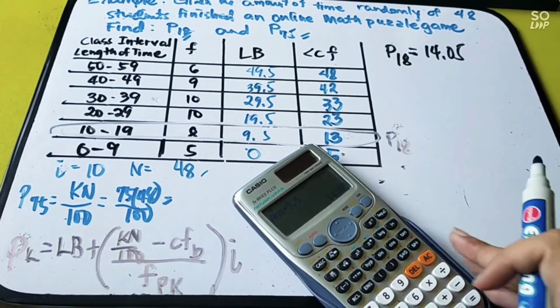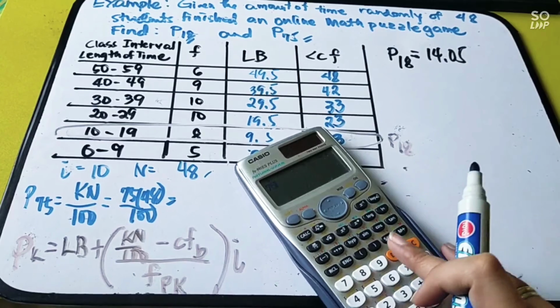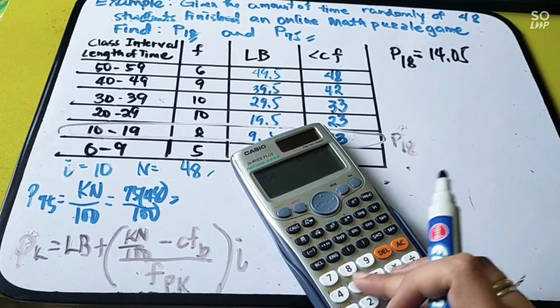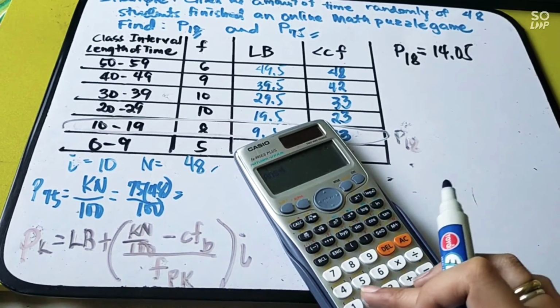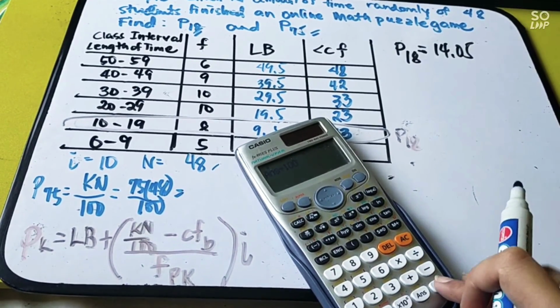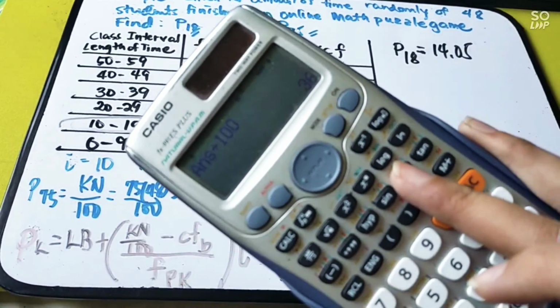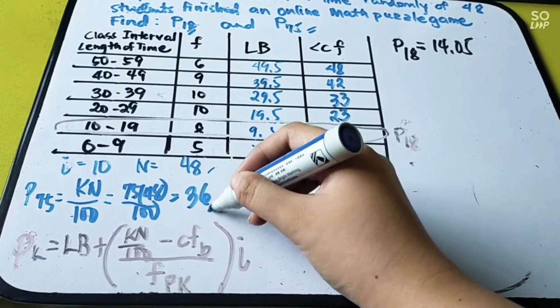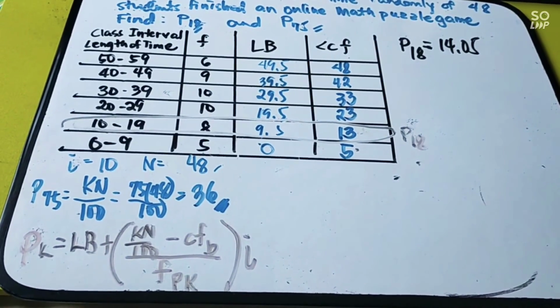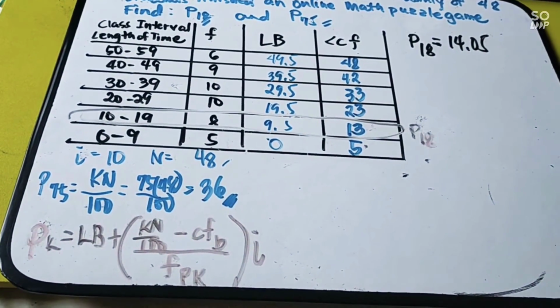Let's see kung ilan tayo. We have 75 multiplied by 48. Then, divided natin by 100. So, ang sagot po ay 36. Kailangan, itong pagbabasihan natin, kailangan mas mataas siya dyan.